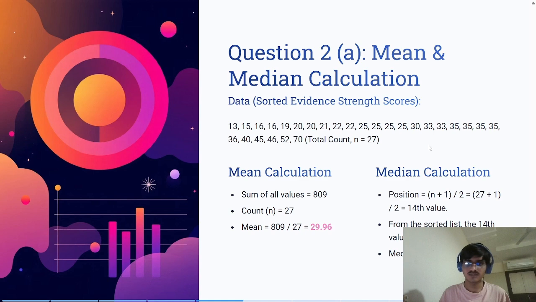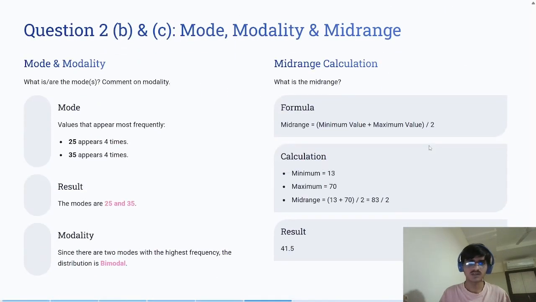As you can see, the mean is very easy to calculate. We sum all the values, which is 809, and then count the number of values provided, that is 27, and the mean comes out to be around 29.96. The median, with its traditional convention, is 25, which is the 14th value.